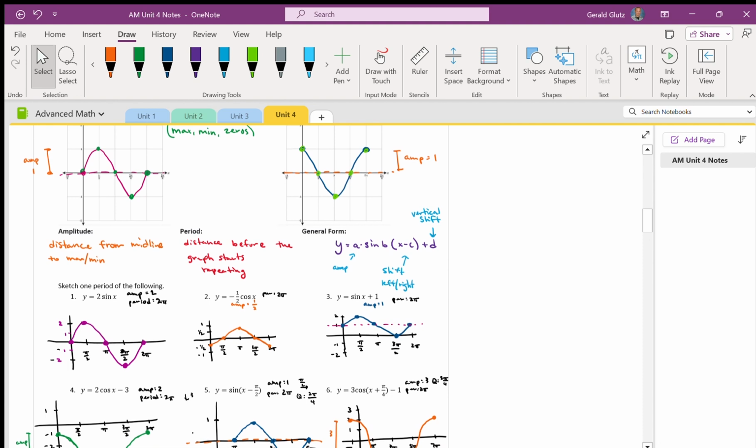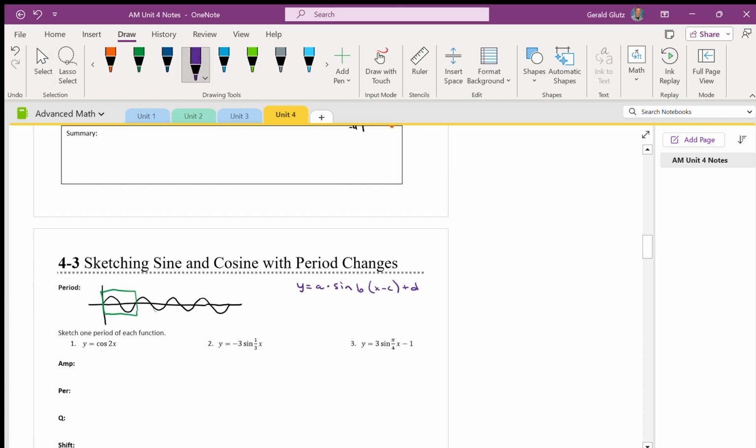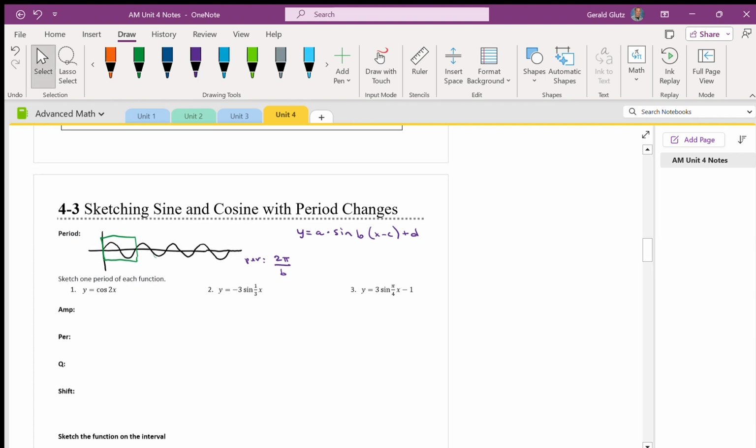Again, what we were talking about up here, this is the vertical shift, horizontal shift, amplitude. The b we did not mention yesterday. What the b does, that's what changes our period. In a generic graph, our period is 2 pi. When we have a different b value besides 1, or if it is 1, we divide 2 pi by b. And that's how we get a different period.